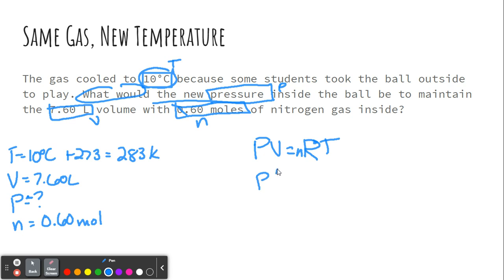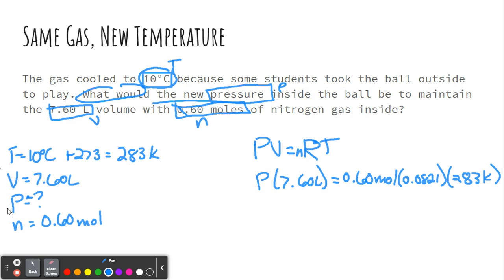P is what I'm solving for. Multiply that times my 7.60 liters equals 0.60 moles times 0.0821 times my 283 K. So I'm going to divide both sides by 7.60 liters, which cancels this part out.